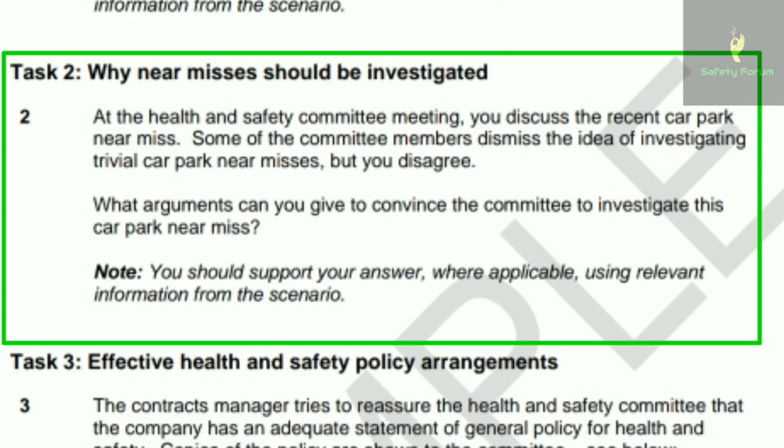Then apart from this, you can write many other points: future incidents and accidents can be avoided, the company can save the costs that arise from accidents, hospital issues and medical claims, lost time injuries can be avoided, medical treatment cases can be avoided.